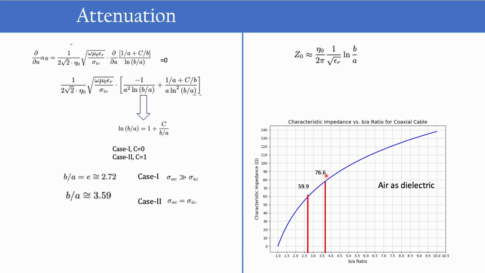So these are the characteristic impedances that we have to consider based on these two cases. In most cases, we will be using the same inner and outer conductor materials, so our aim is to have 77 ohm as the characteristic impedance to get the lower attenuation.